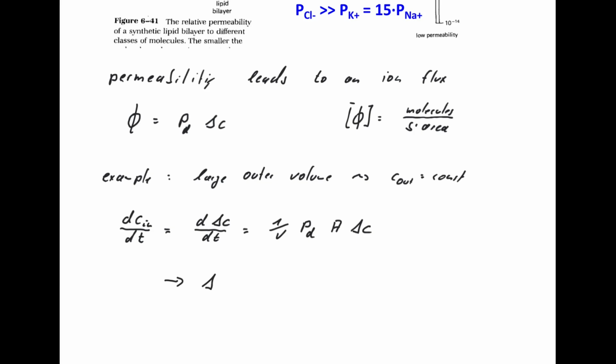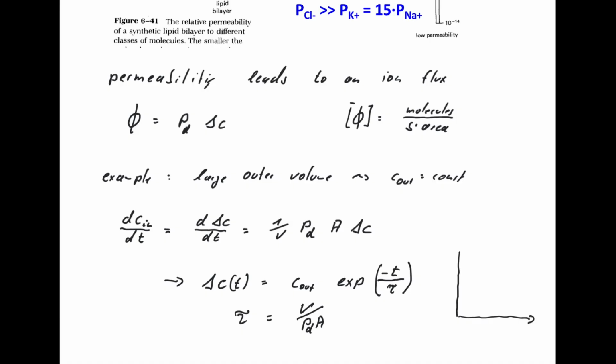Now, this simple differential equation is solved by an exponential, where the concentration difference is fading out like e to the minus t divided by tau, where the typical time tau is given by the volume divided by the permeability and the area of the object.